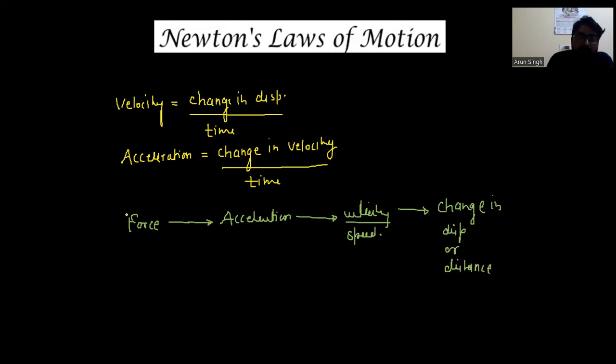If force is changing, what is the dependent factor? Your answer will be, sir, force. So the dependent factor is force; if force is changing, then everything is changing. Velocity does not depend on displacement, nor on time. So in Newton's laws of motion, we will study the force in detail.